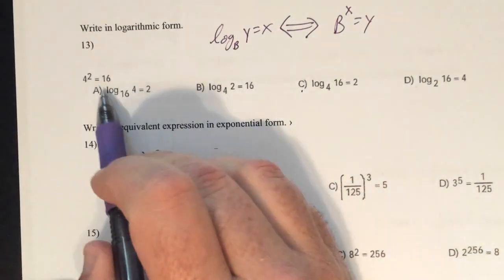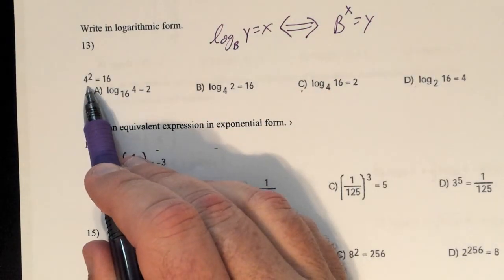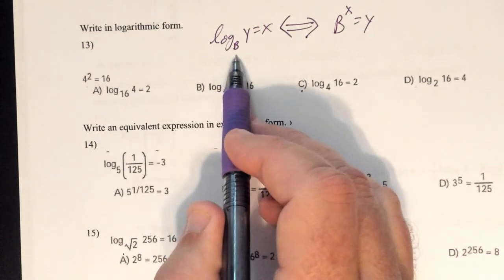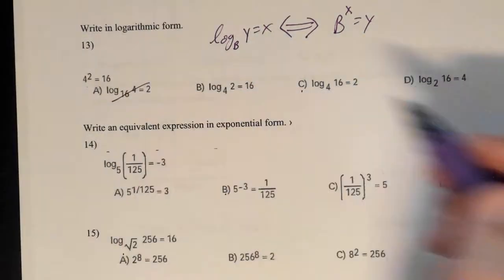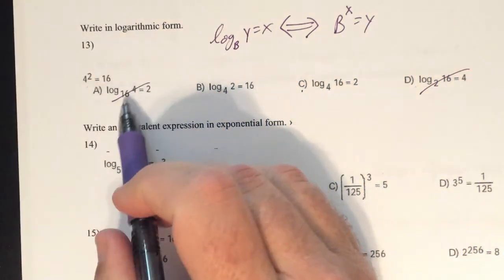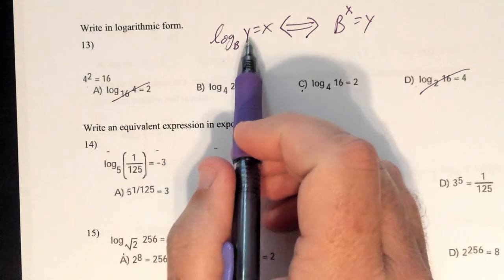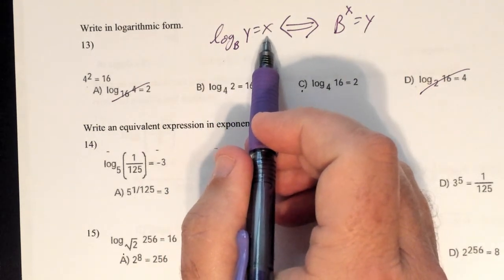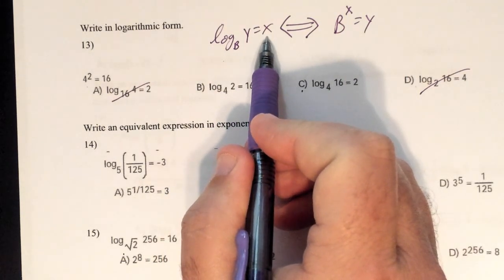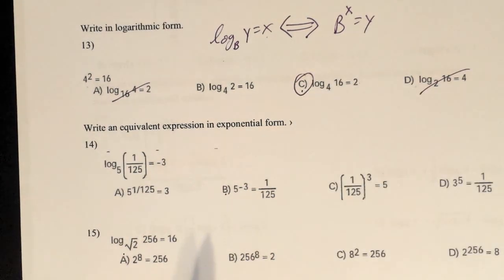So this is exponential. They want it in log. So what's my base? My base is 4. So my base here has to be 4. So this one goes away. Take that one out. Take this one out. And then log base b of what? And this is going to be my exponent out here. So my exponent in my regular problem is 2. That means my exponent has to come out here, which means C has to be my answer.